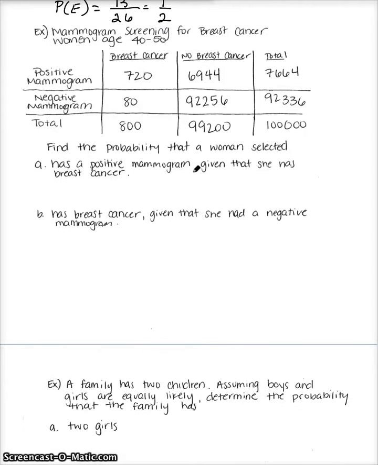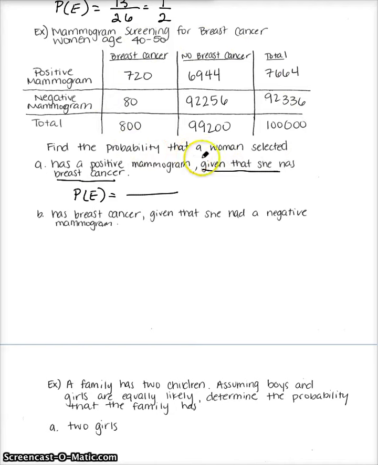The following table gives mammogram screenings for breast cancer of women aged 40 to 50. Find the probability that a woman has a positive mammogram given that she has breast cancer. Again, this is telling me what my outcomes are. So to find the probability, we're now limiting our outcomes to just those that have breast cancer.